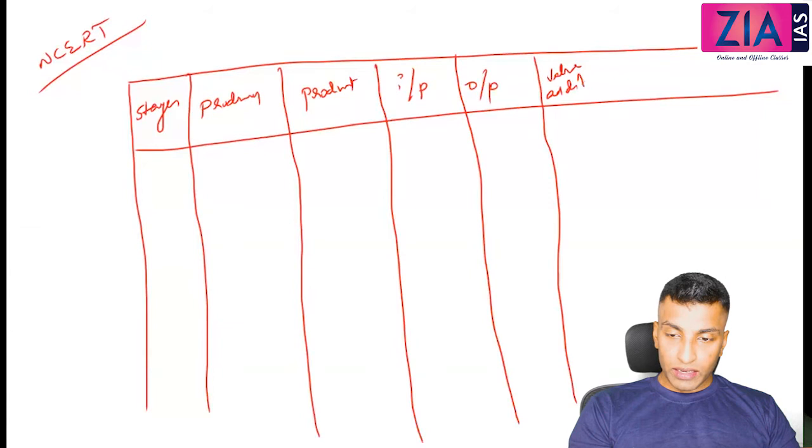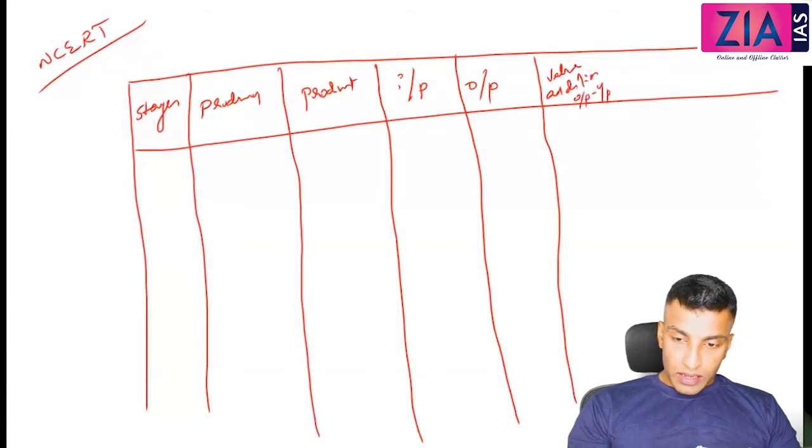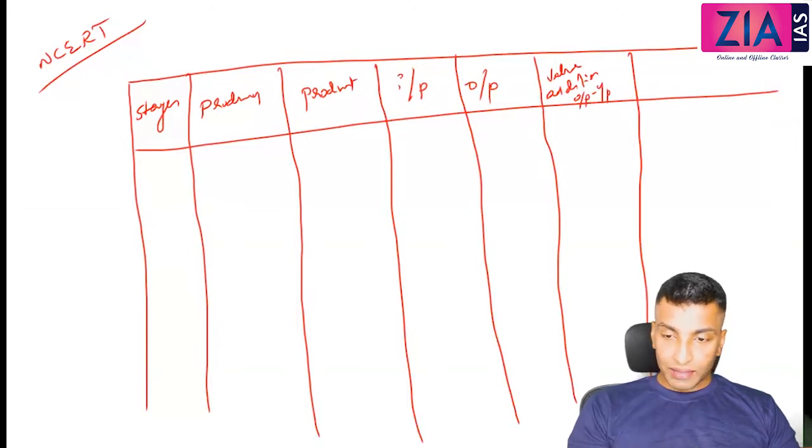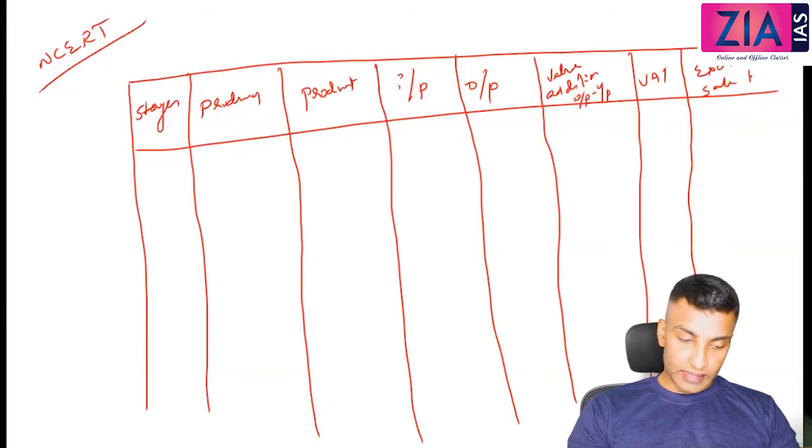Value addition, how will you get it? Output minus input, right? And then we will calculate VAT, and we will also see what is excise or sales tax.